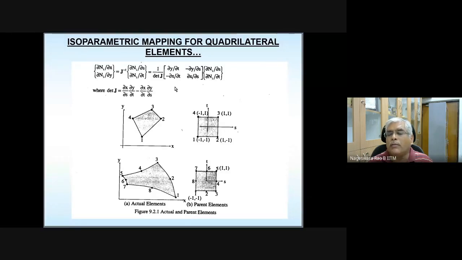So it's going to become singular. To avoid such a situation, the determinant of J should not be equal to 0. That is the condition that we are going to apply for valid mapping for 2-dimensional and 3-dimensional problems. So please take a note of it.